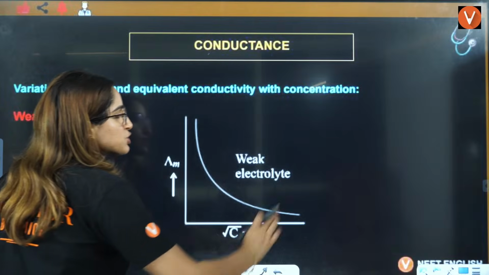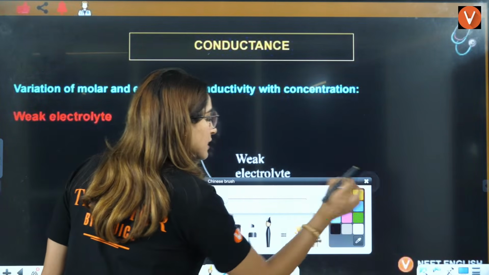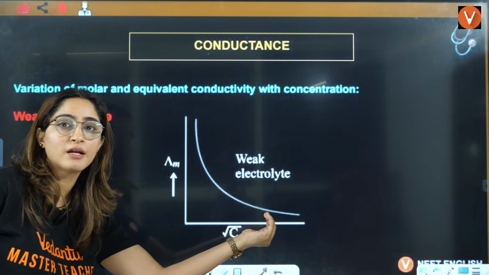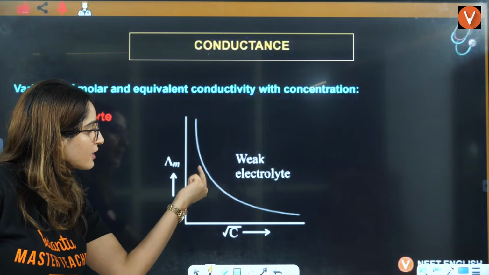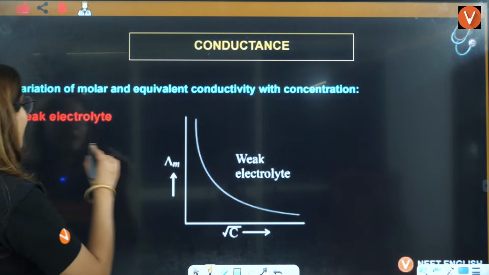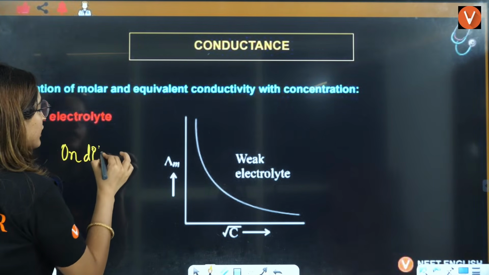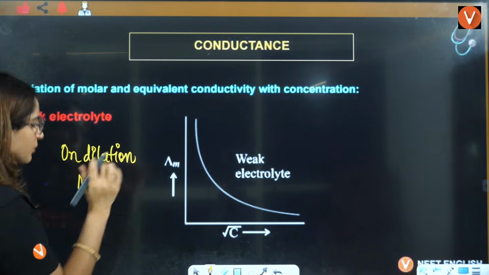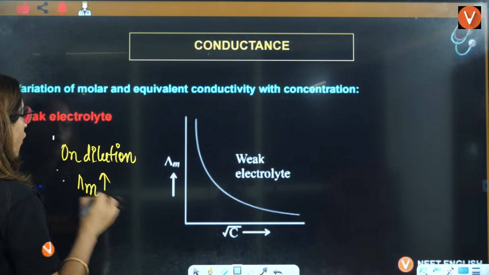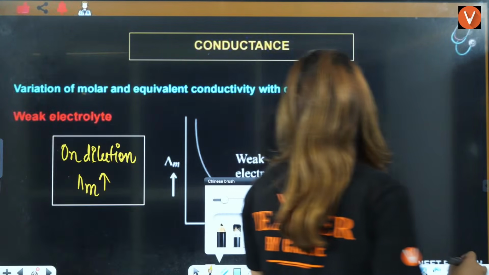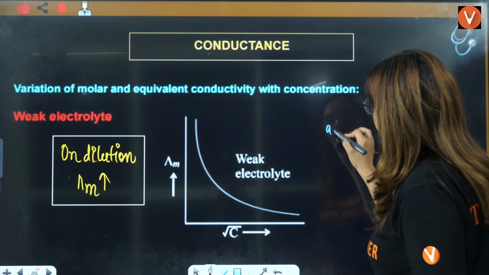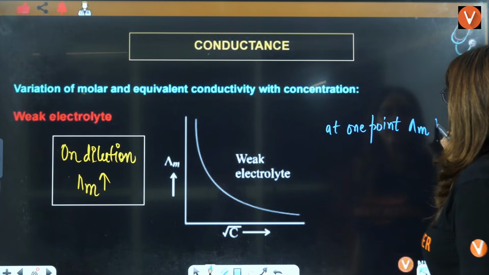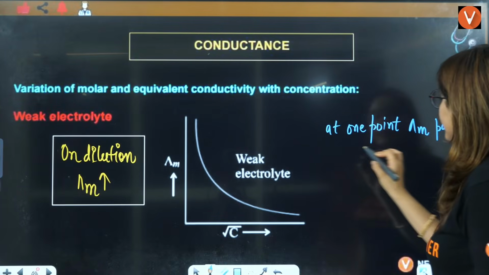In case of a weak electrolyte, same thing, as you decrease the concentration, dilution is increasing. So one thing we can say here also, that on dilution, the molar conductivity will increase. That we are sure about. But can you see that at one point, the curve is parallel to the y-axis?